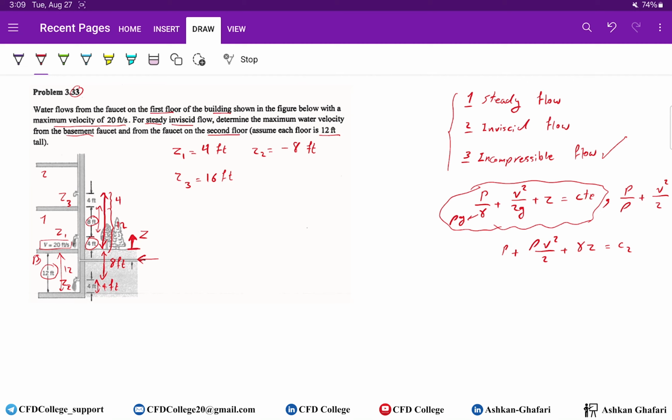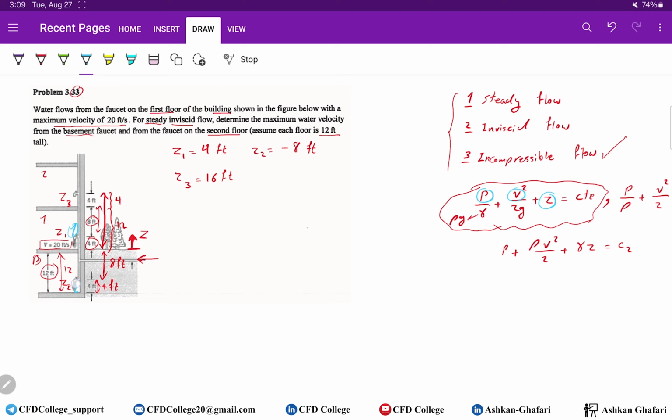When you want to use the Bernoulli equation, you should find key points, key sections, where you have some info on pressure, velocity, or the elevation. For example, at point 1 we know the pressure, the elevation, and the velocity.